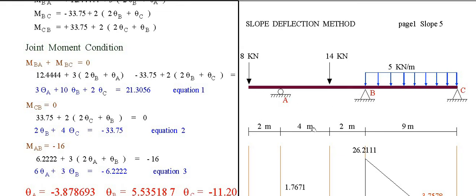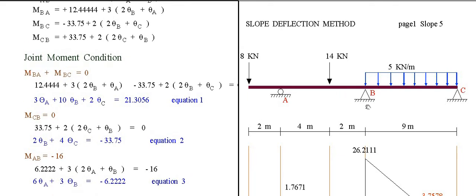But in our computation, you will notice that the fixed end moment at A is negative, then positive, then negative, then positive. On the left of B, the moment is positive. On the right of B, the moment is negative. Later, we will solve the moment BA to be positive and moment BC is negative because of this.